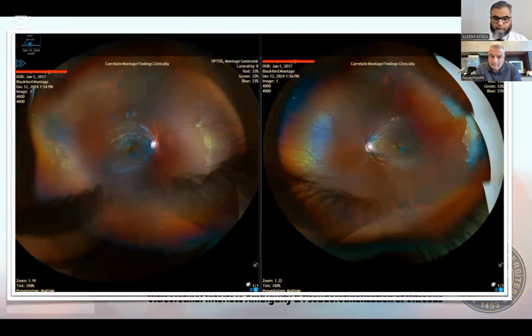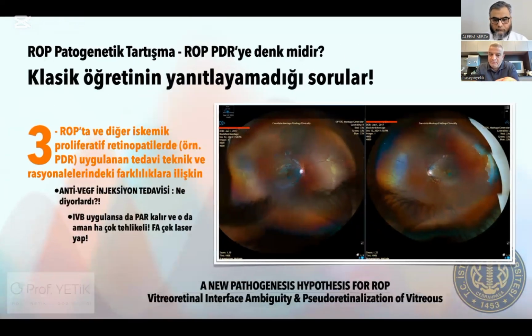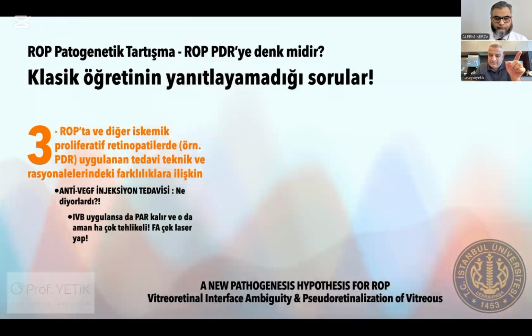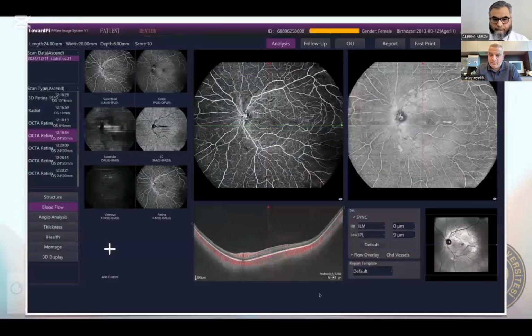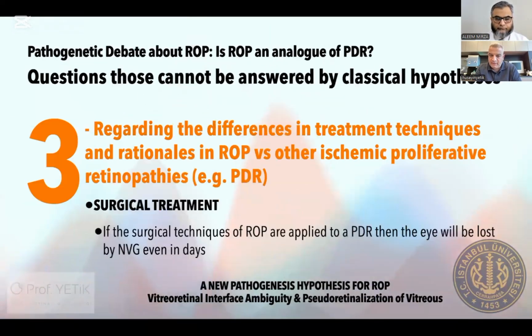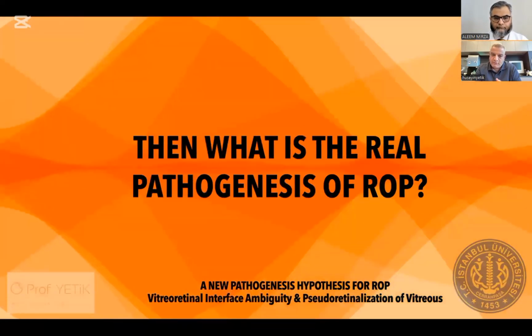You see, so peripheral avascular area is not risky. If this theory was true, there would be a problem. See the ages. You can see the date of birth, and this is angiography, and surgical treatment also has some different issues.